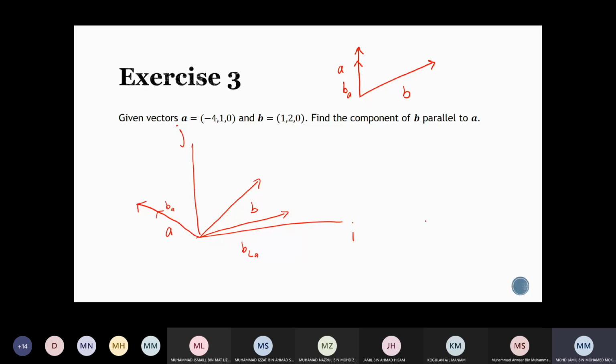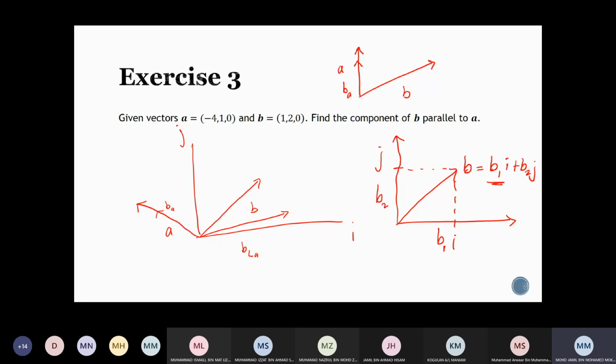How do we show this? Let's say we have vector i here in the x direction, and another one in the j direction. Let's say we have vector B here, B1 i plus B2 j. So B1 is parallel in the i direction, while B2 is parallel in the j direction.